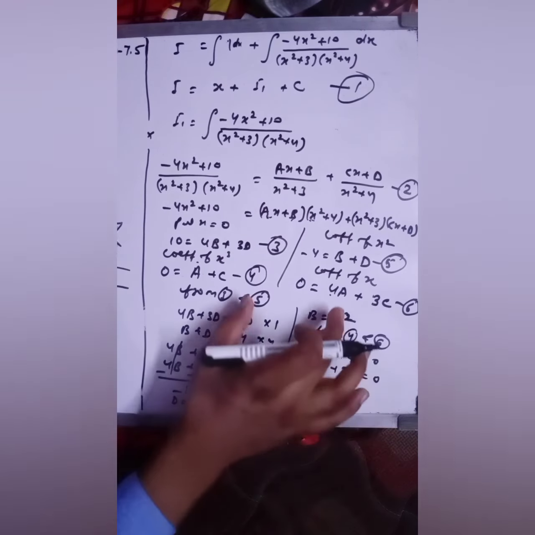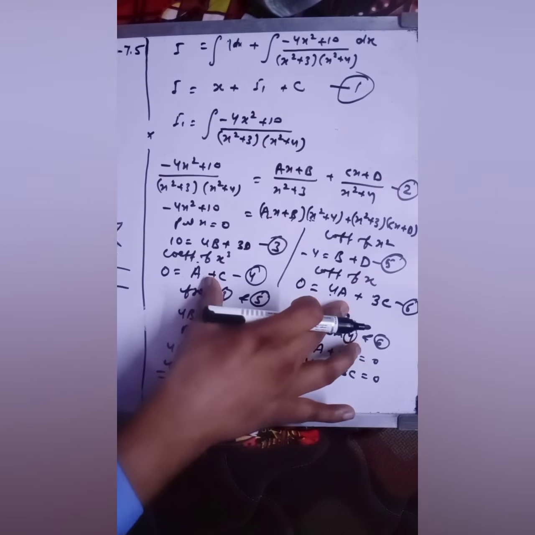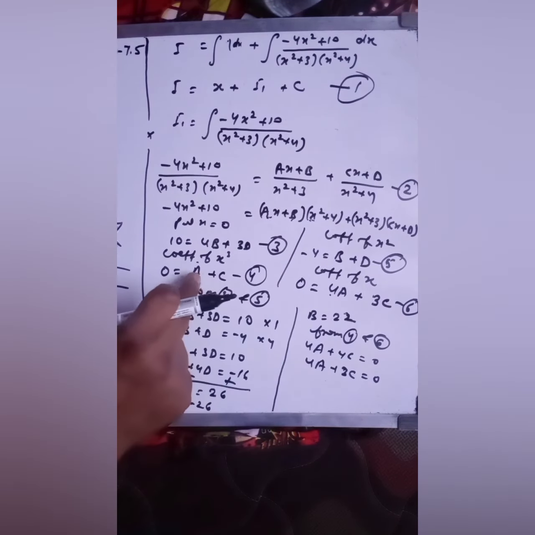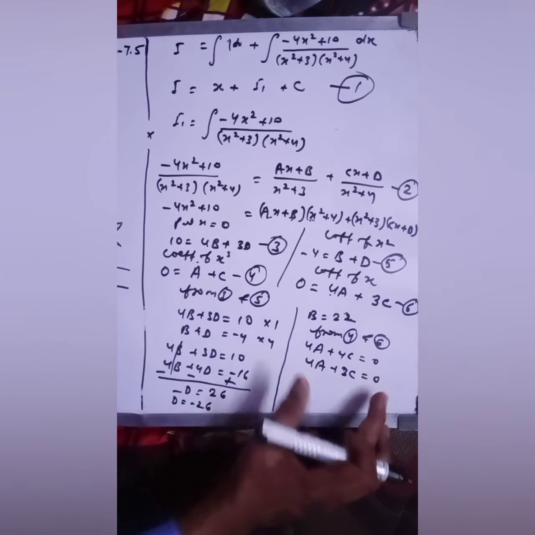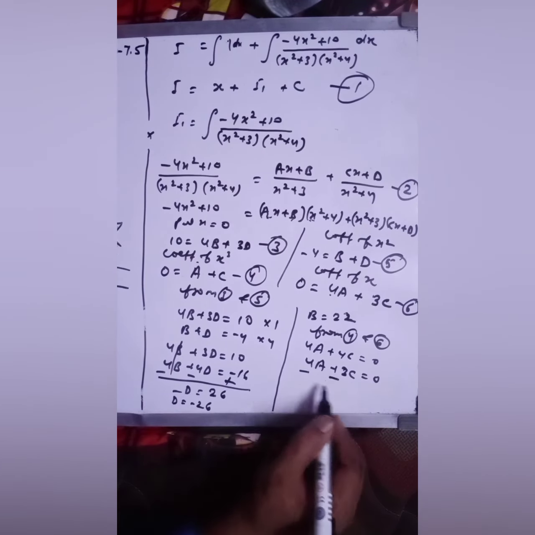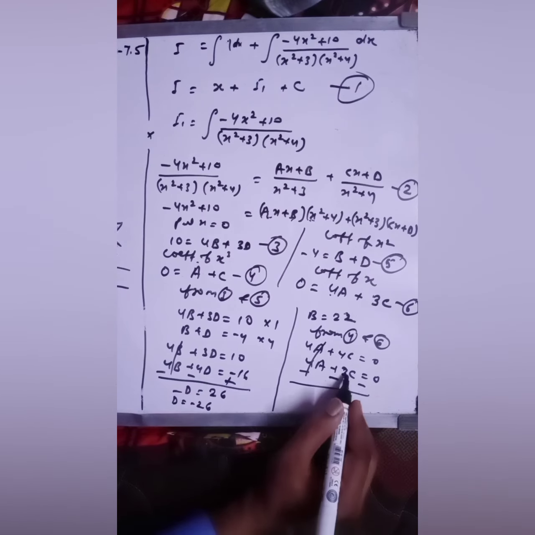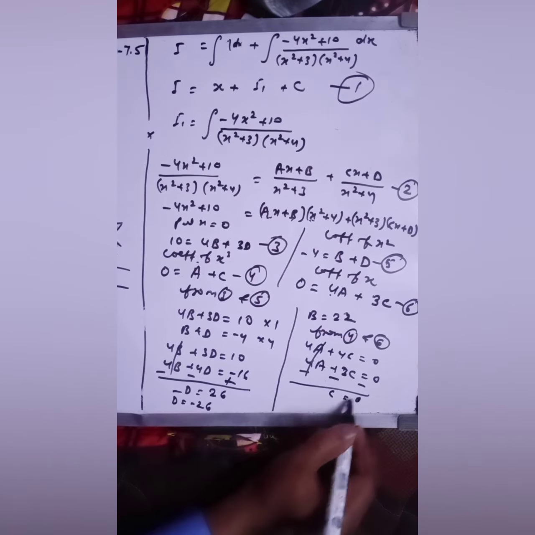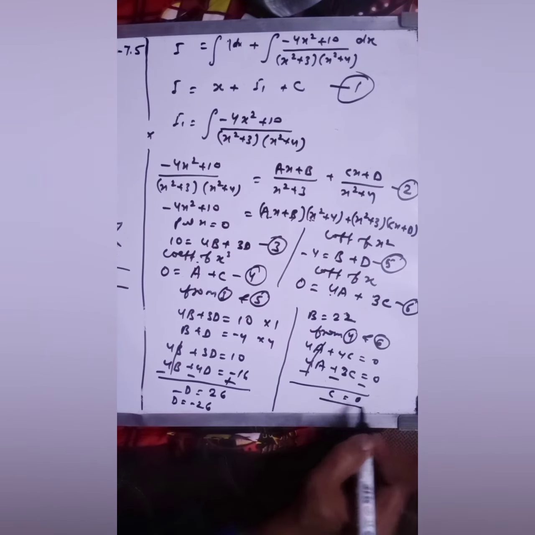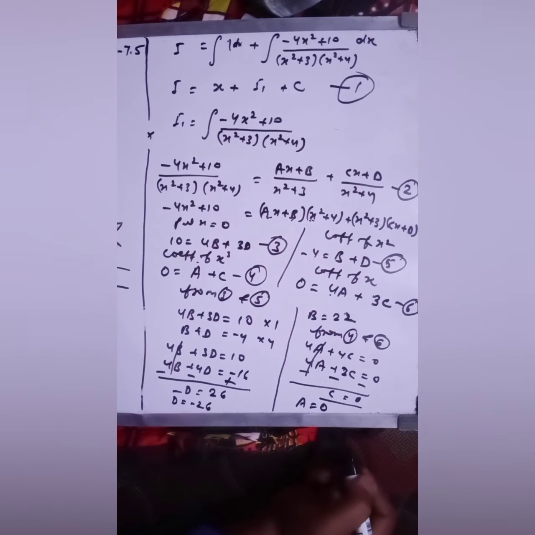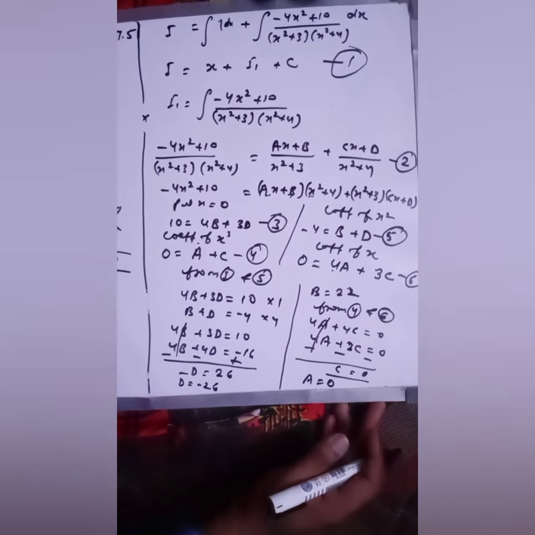Okay, so I'm applying the elimination method in these two. To make the coefficient of a equal, I will multiply this equation by 4. Just you have to change the sign, and this will be 0, and here c will come, and that would be 0. So your c is 0, and your a is also 0. Okay, your c and a both are 0.